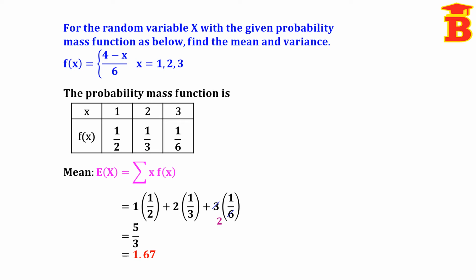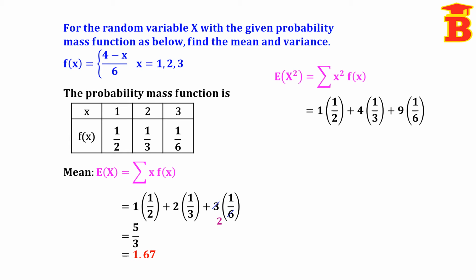Next, for variance, we have to calculate E of x square. E of x square formula, summation x square into f of x, that is equal to 1 square 1 into 1 by 2 plus 2 square 4 into 1 by 3 plus 3 square 9 into 1 by 6.